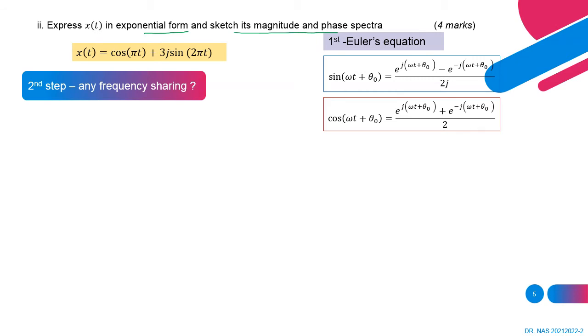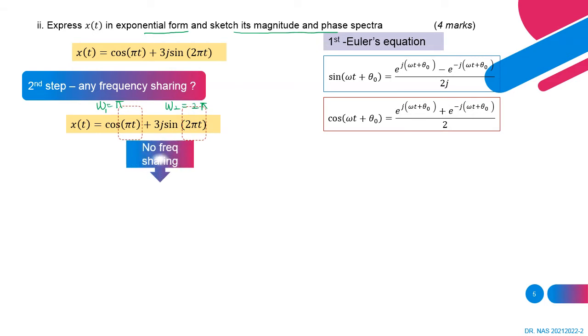And then you need to check for frequency sharing between components. Okay, look at the first component and the second component. The first ω is π, ω1, but ω2 is 2π. So there's no frequency sharing.